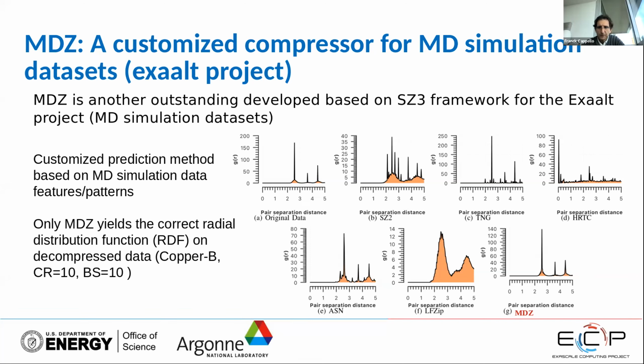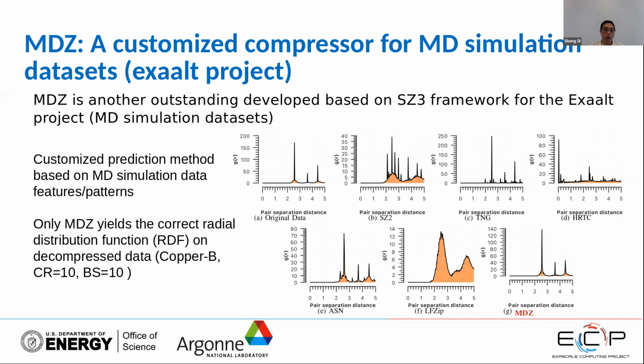Okay, thank you. Maybe time for one more question. For an HDF5 application, what compression algorithm would you recommend? HDF5? In fact, I'm not sure if I can answer that question because HDF5 is an I/O library, right?